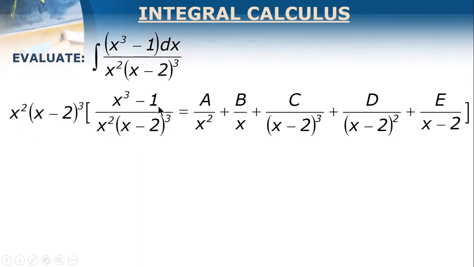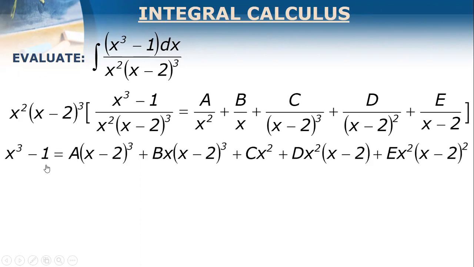This one times the left side is x cubed minus 1. And then A over x squared times this, so x minus 2 cubed only. B over x times this, one x is cancelled, so you still have x as well as x minus 2 cubed.